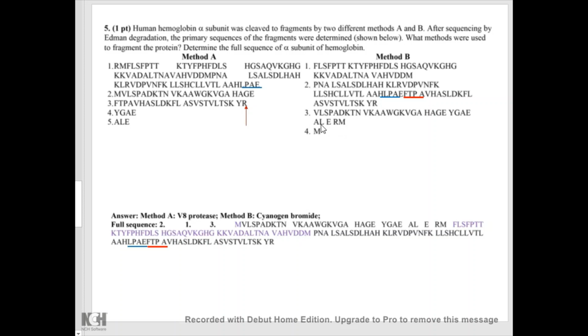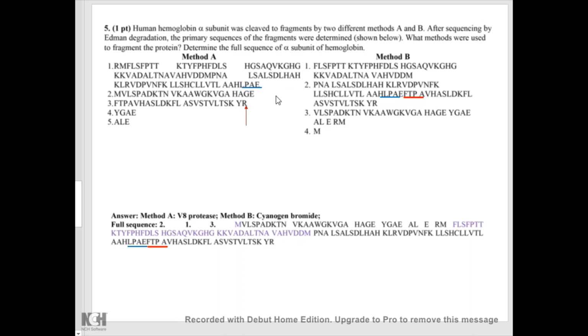Now, how do you assemble them? The strategy is the following: you take, let's say, the end of any given peptide, for example LPAE, and you look for this sequence in the second method.